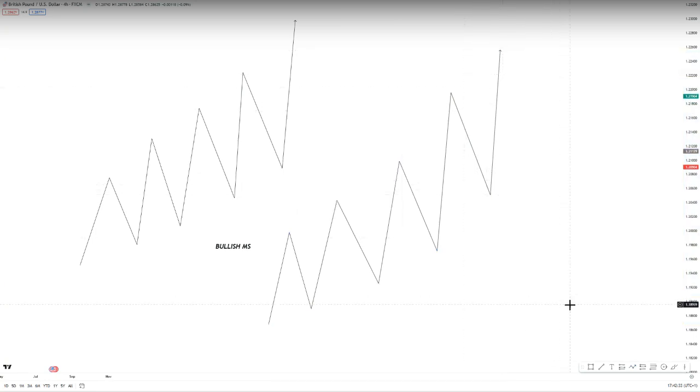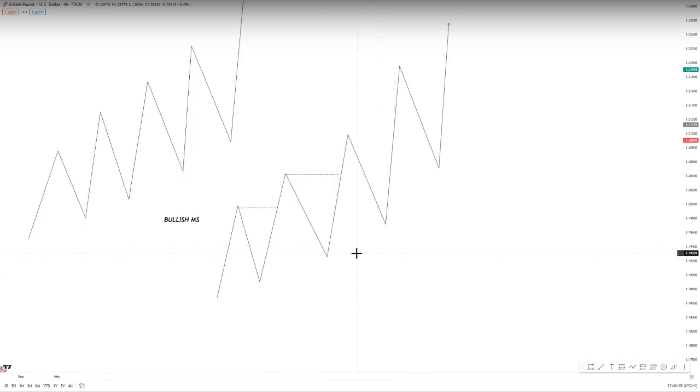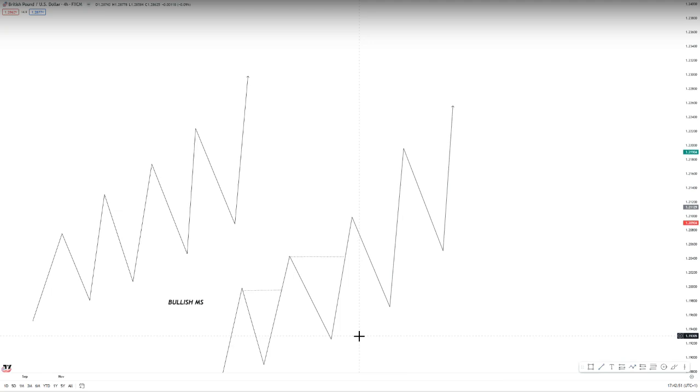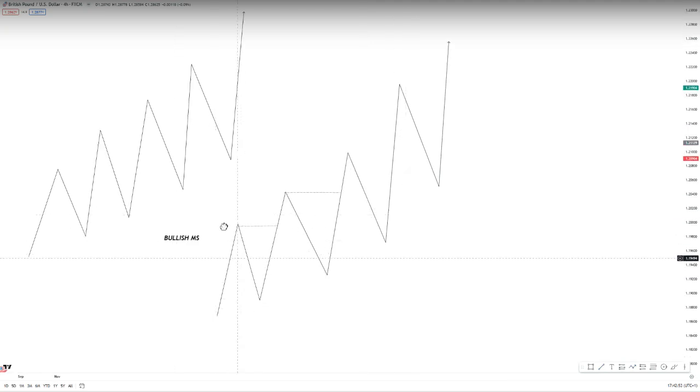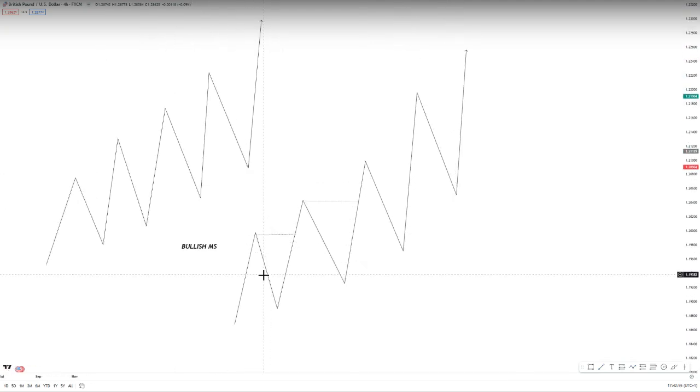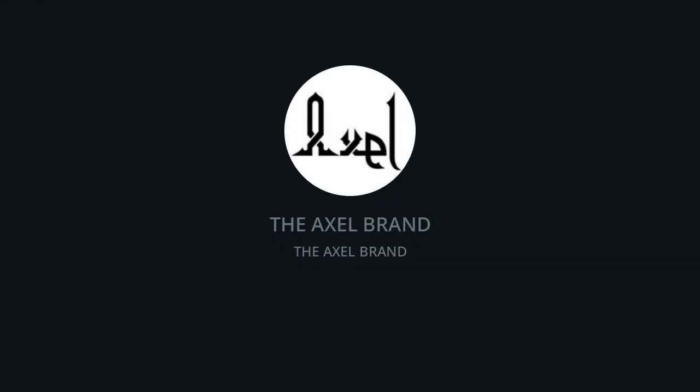And for this market to be bullish, it needs to break the previous high, right? But I'm still getting to that. I just want you to understand what a bullish market is all about. This is what a bullish market looks like. You understand?